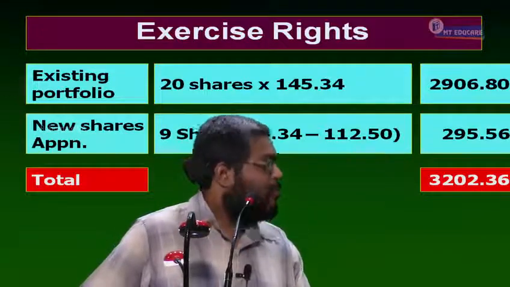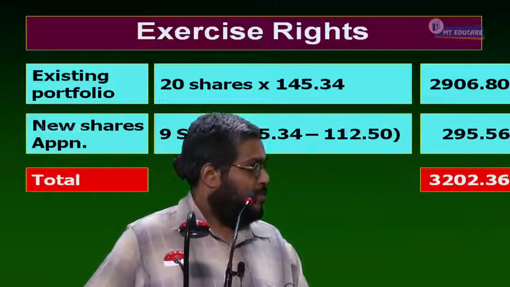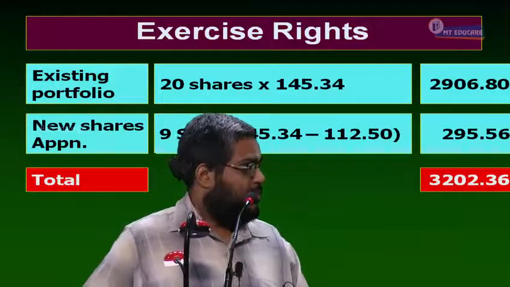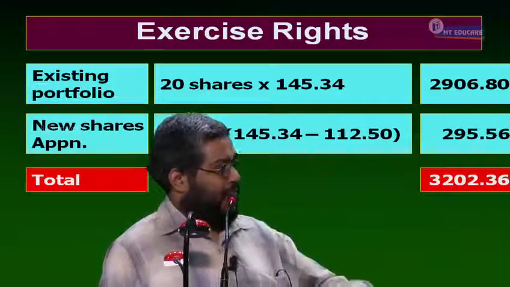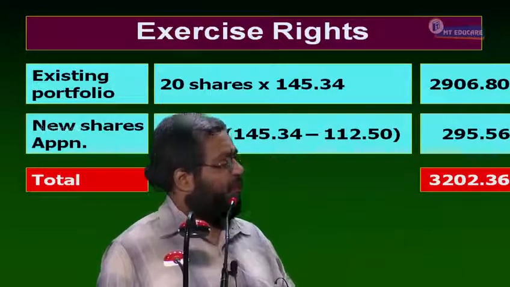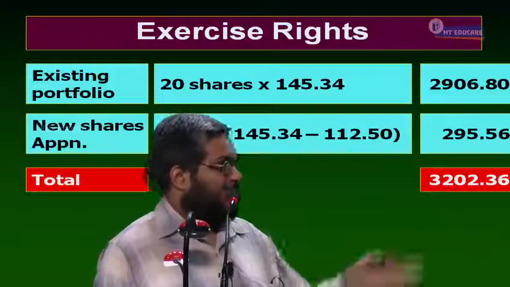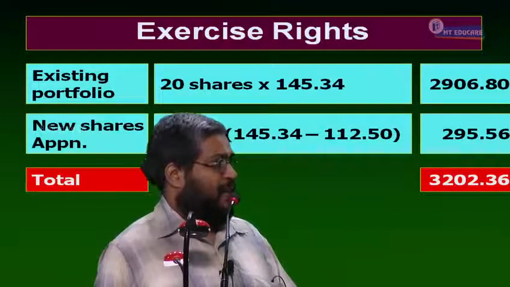Which EPS? The new EPS. See, it is very simple. What happens is, EPS gets diluted. We are going to merge. Already I'm having 75 lakhs earnings. I'm going to get a further 30 lakhs 37,500 earnings.